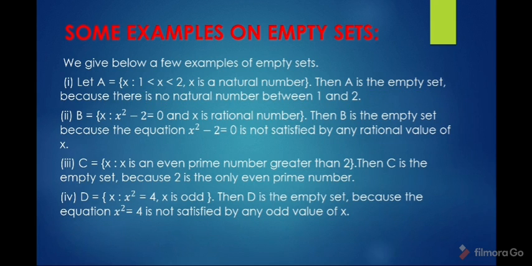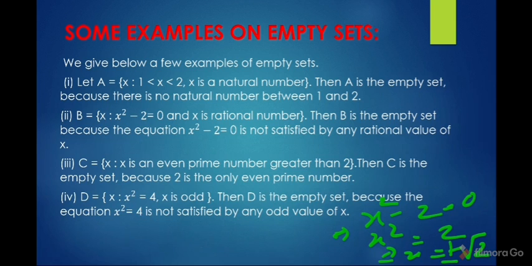Now look at example number 2. B is the collection of all x where x has to be a rational number and x will satisfy the equation x square minus 2 equal to 0. If you solve this equation, x square minus 2 equal to 0, what will you get? x square equal to 2, which implies x equal to plus minus root 2.